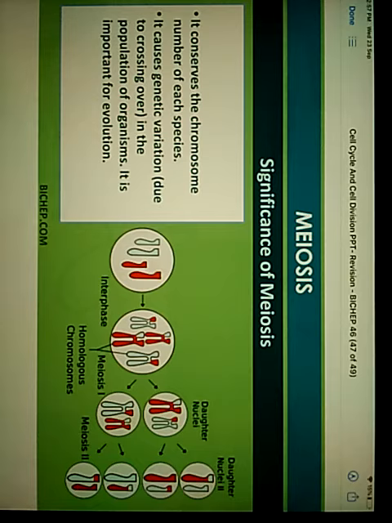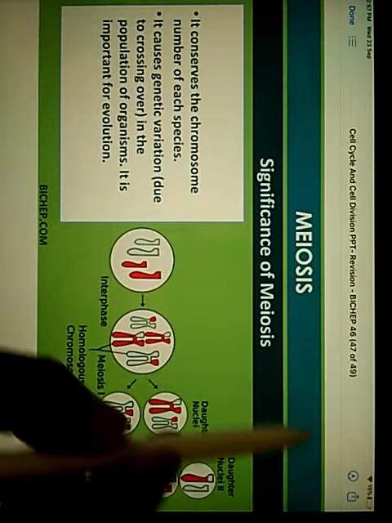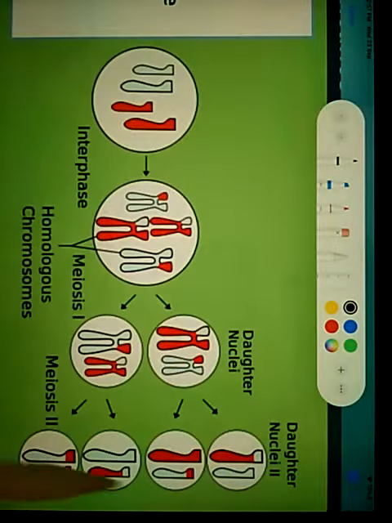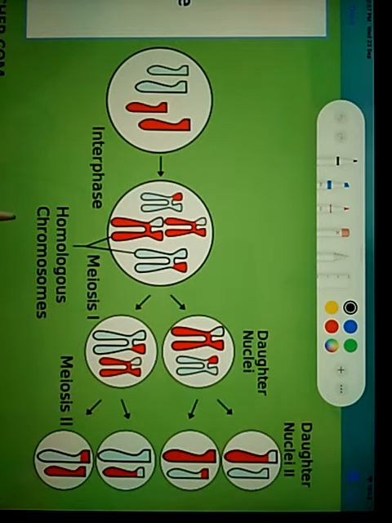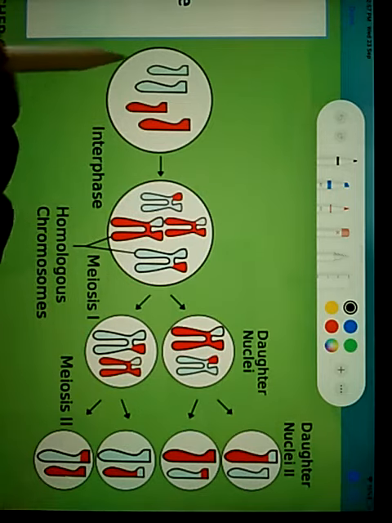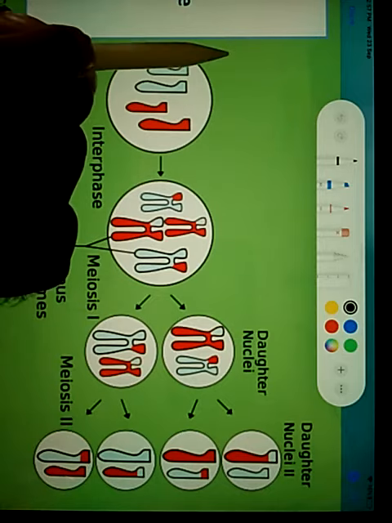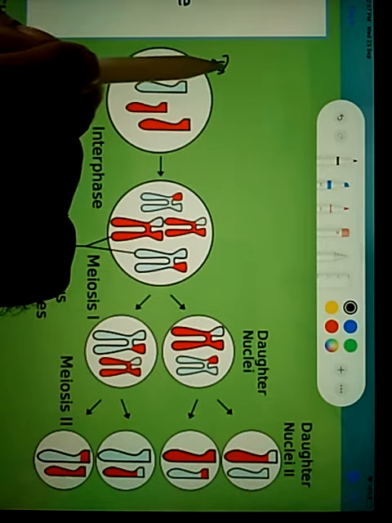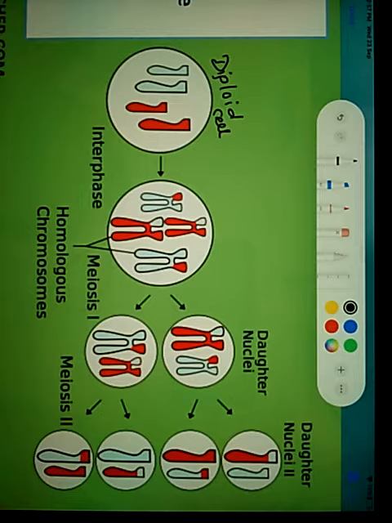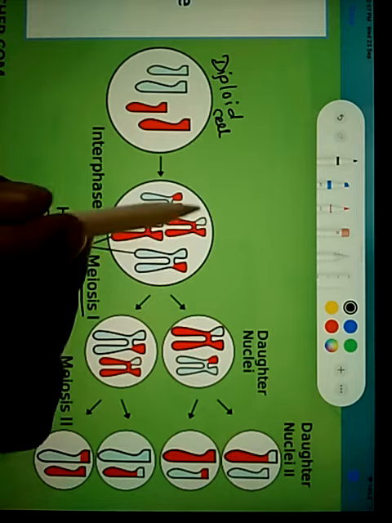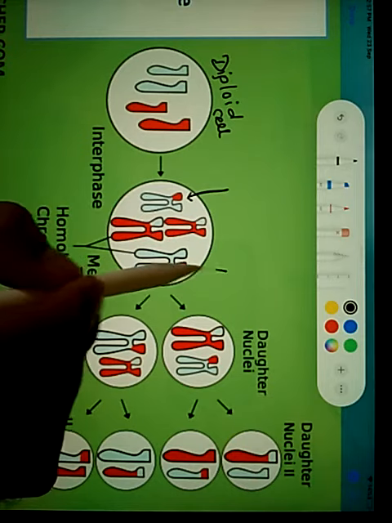Now, the significance or importance of meiosis. Based on the steps given here in the form of a few cell diagrams, this is the maternal cell, a diploid cell, which is going through the process of meiosis. During meiosis 1, they are exchanging genetic material.